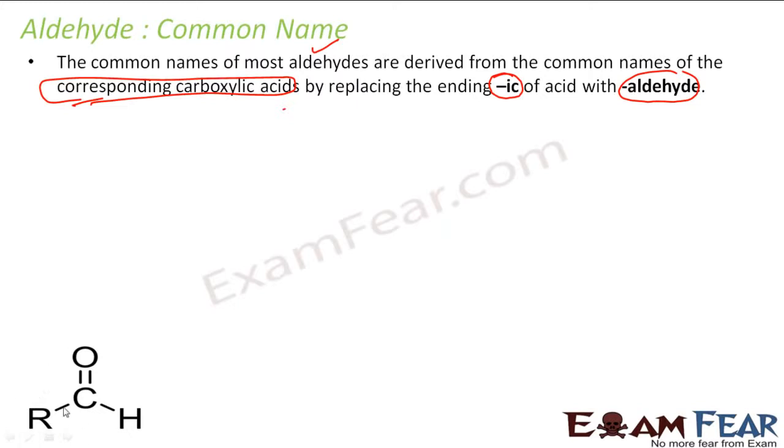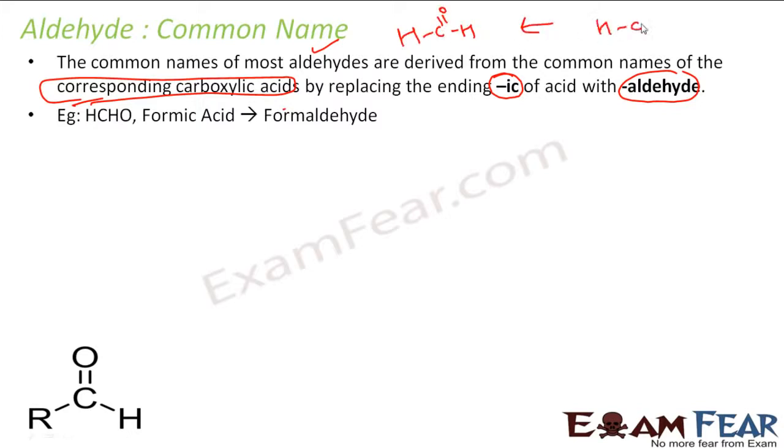And this is how the aldehyde looks, right? R-COH. This R can be any alkyl group. It can be hydrogen also. So with this, if you see, this is formaldehyde, right? HCOH. This compound is derived from HCOOH.